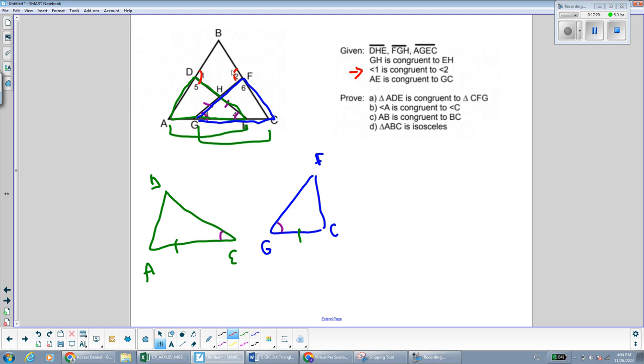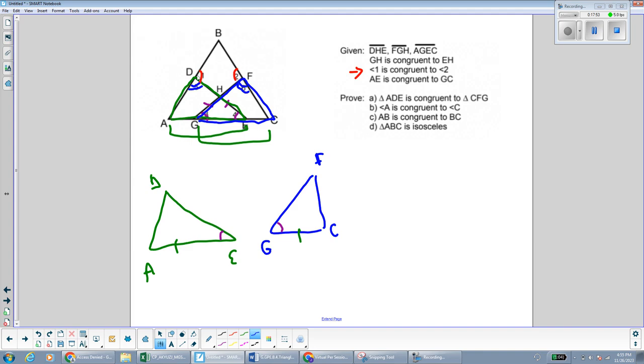And since angle 1 and angle 2 are congruent, and angle 1 and angle 5 are supplementary, and angle 2 and angle 6 are supplementary, angle 5 and angle 6 have to be congruent to each other, because angles supplementary to congruent angles also have to be congruent. For example, if angle 1 and angle 2 are both 50 degrees, these two angles would have to be 180 minus 50 because they're supplementary with the 50-degree angles.